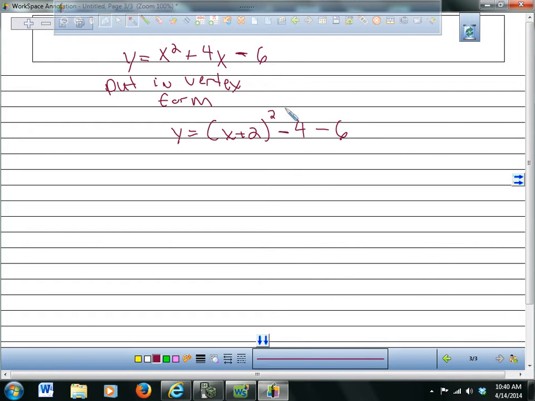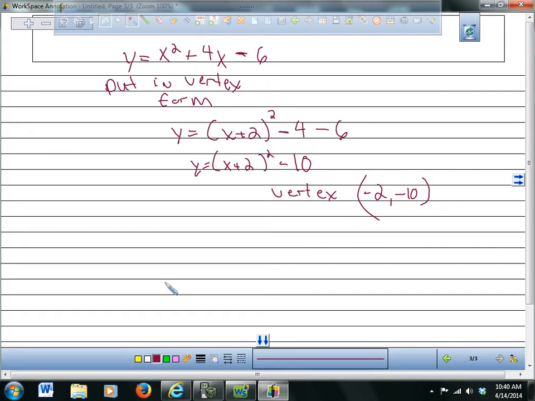So then I have to combine those two terms. Alright? So I have y equals x plus 2 quantity squared minus 10. And so where's the vertex? Minus 2, very good. Minus 2 comma negative 10. That's all there is to it. It's not that hard, is it?